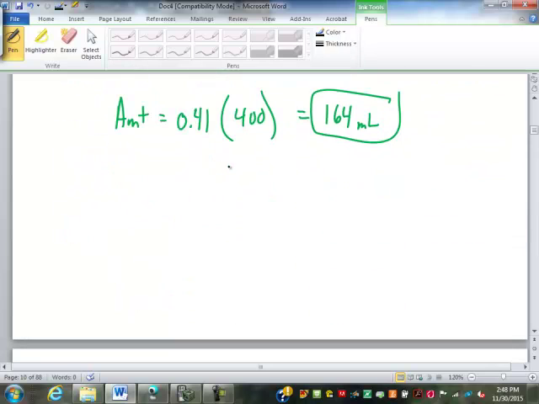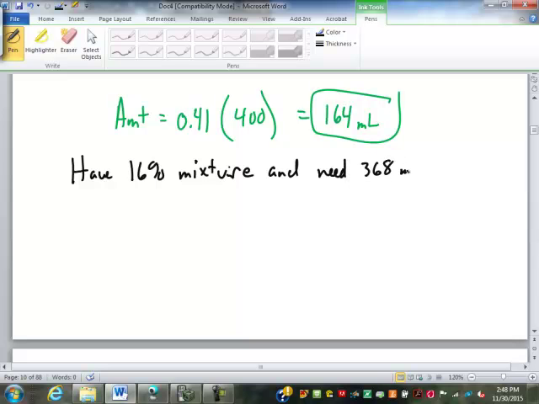The other side of that is, let's say we have a 16% mixture and need 368 milliliters of the substance.